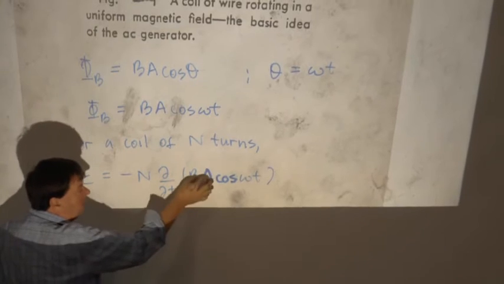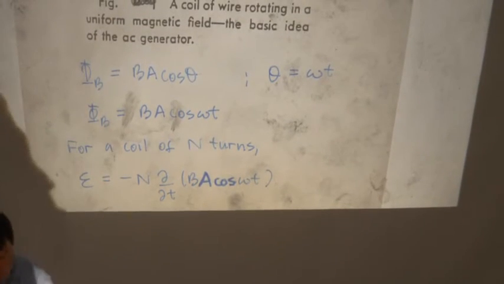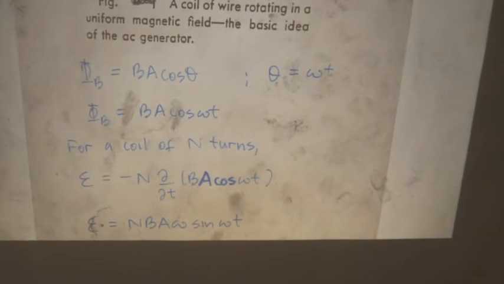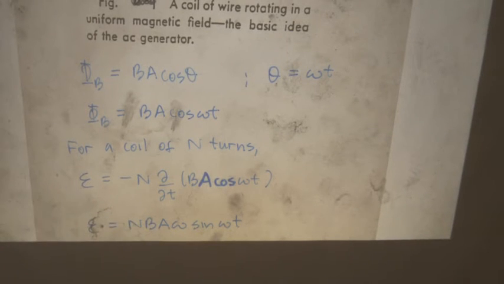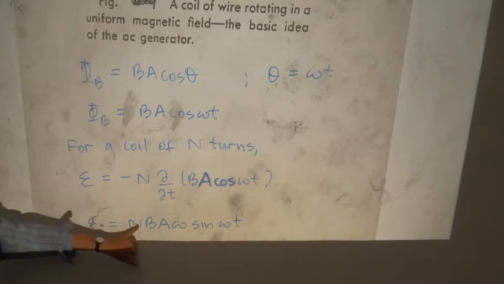Again, B and A are just constant, come out the front, and d by dt of the cosine of omega t is omega sine omega t.